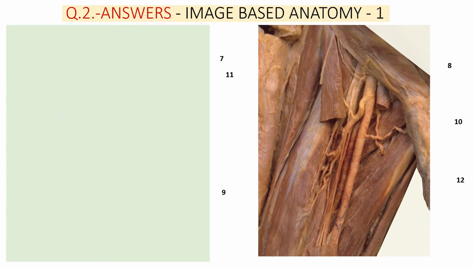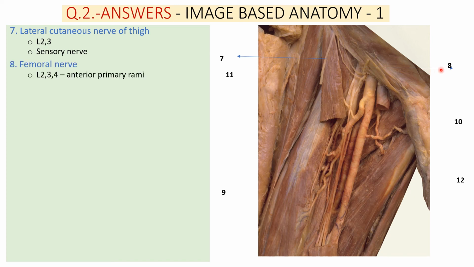Now let us continue with the other structures. So what is that? Number 7. You are seeing a nerve, and you identified it as the lateral femoral cutaneous nerve or lateral cutaneous nerve of thigh, and the root value of which is L2 and L3, and it is a sensory nerve. Then coming to the 8th one, you are seeing again a nerve, and this is the femoral nerve.